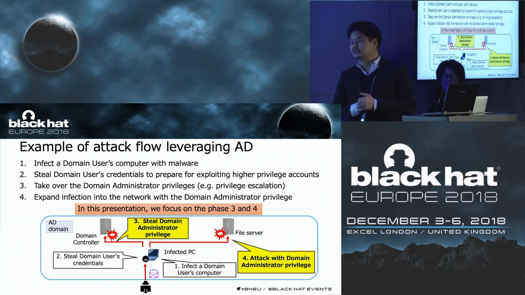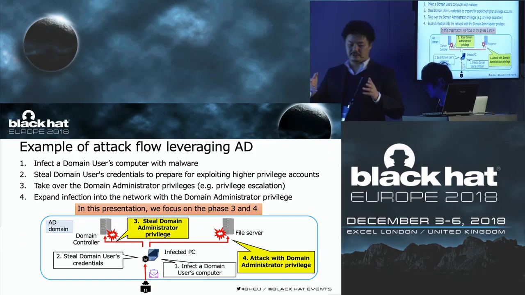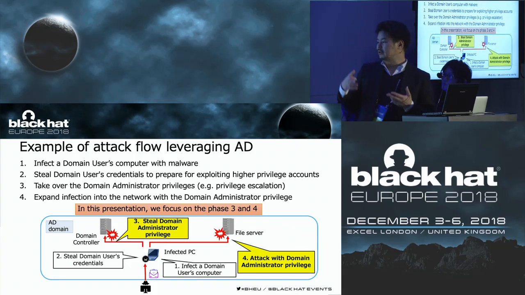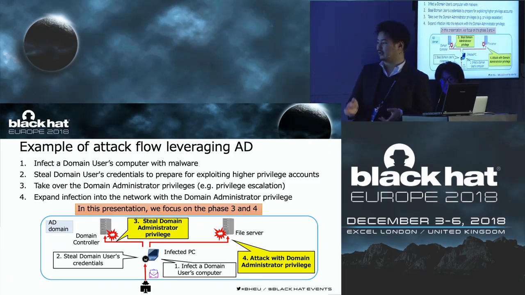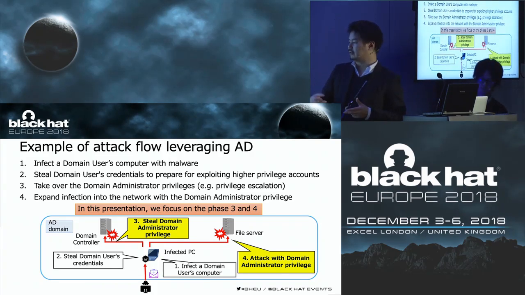So this is an example flow of attacking AD. After the attacker intrudes into the network, they try to obtain their AD environment. This is number 3. And after they get an AD admin account, they try to move to different servers, like a file server.